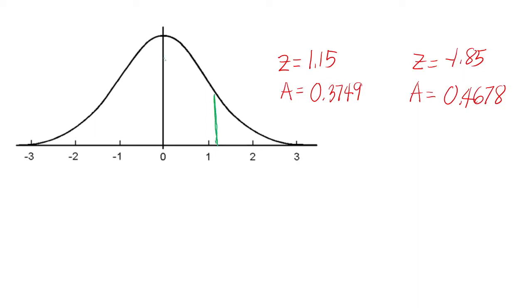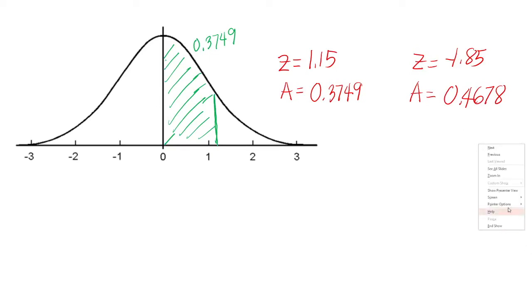So meaning, this is 0.3749. The green part there is the shaded region for z is 1.15. Now, let's go to 1.85. Let's change colors. Let's make use of a blue one, so you can determine the difference here. 1.85, that's close to 2.